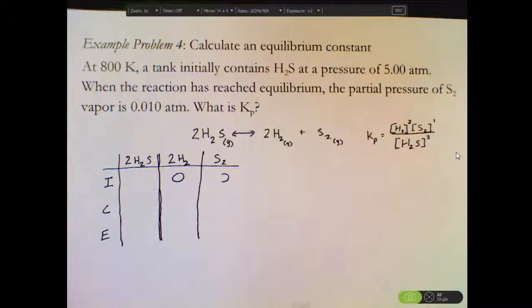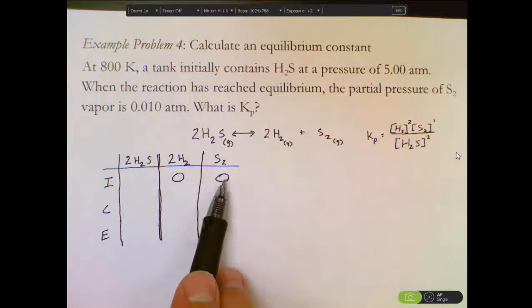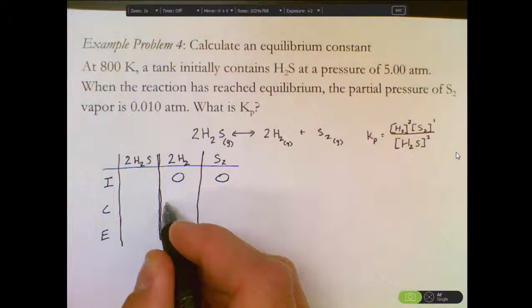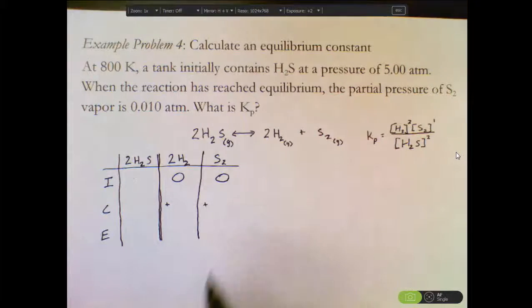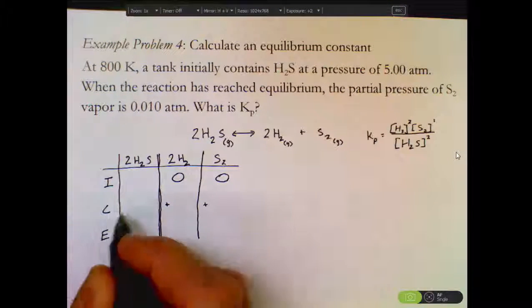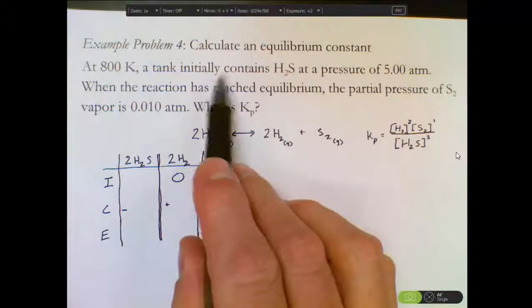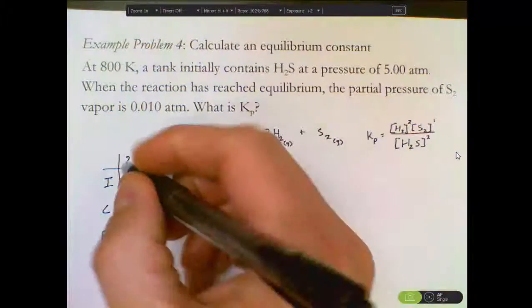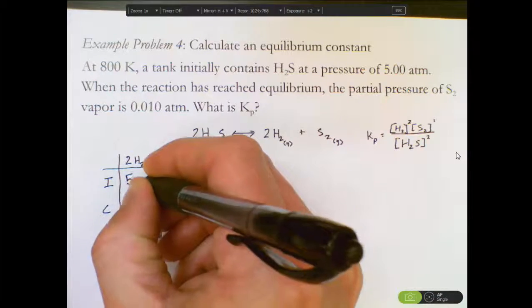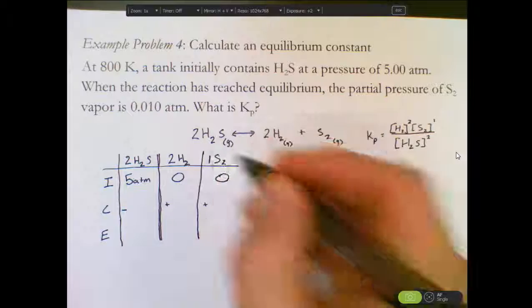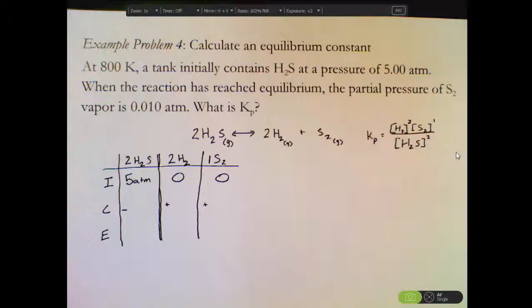We can assume that the product concentration is 0, and then we can also write down plus signs for the product concentration and a minus sign for the reactant concentration. It says that it initially contains 5 atmospheres of pressure for the H2S, and put that coefficient in as well.